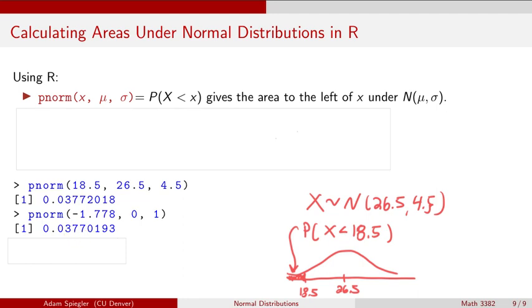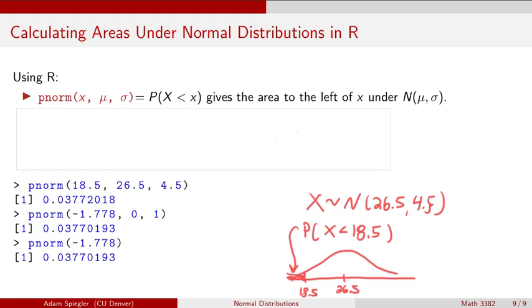The only reason why there's a difference in these two values is because I rounded off the z-score, which has a repeating decimal. And the default in R is that the mean and the standard deviation are 0 and 1. So if you leave off the mean and the standard deviation, it's going to assume that you are meant to enter a z-score with the standard normal distribution.